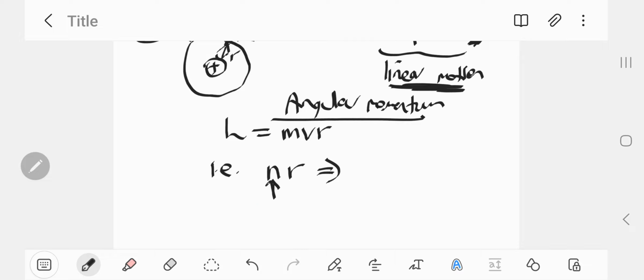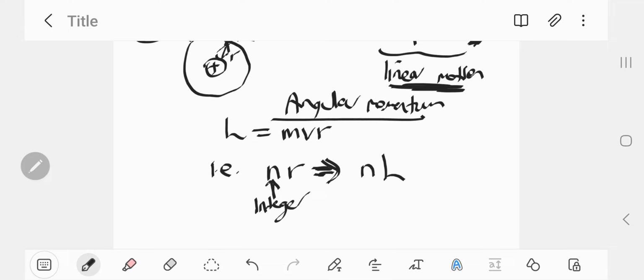Let's say n is an integer, so electrons can only be an integer number of units away from the nucleus. So n is a whole number. You can't be 1.5 units away. It can only be 1, 2, 3, etc. And r is the radius here. So if that's the case, then that implies that the angular momentum must be quantized too.